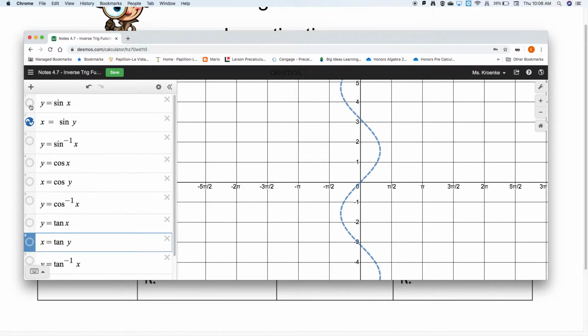But the problem with this graph is this is not a function. It does not pass the vertical line test. The wave that was the sine graph doesn't pass the horizontal line test, which tells us that our inverse is not a function.